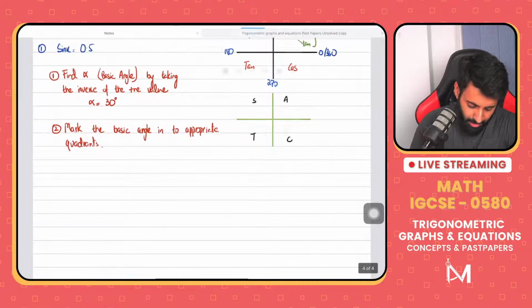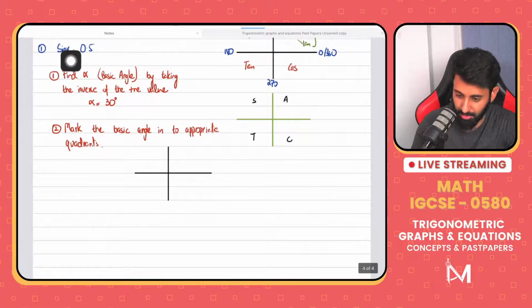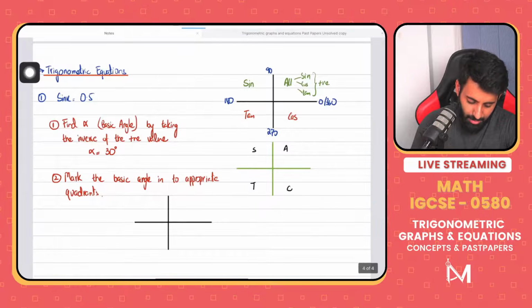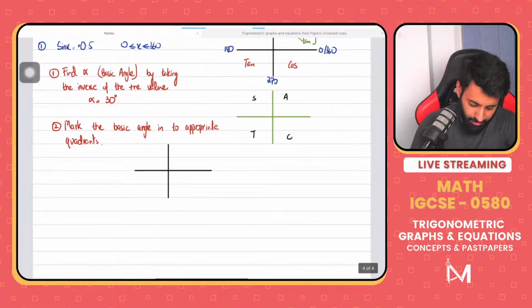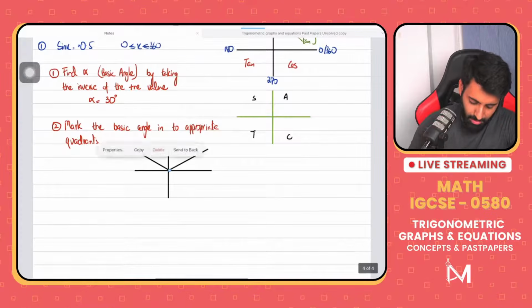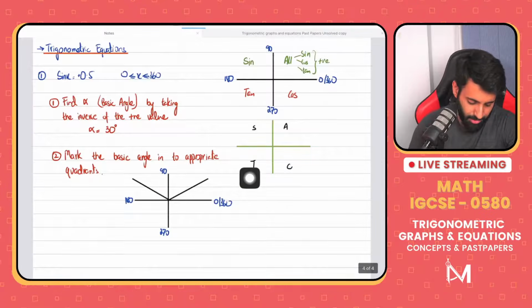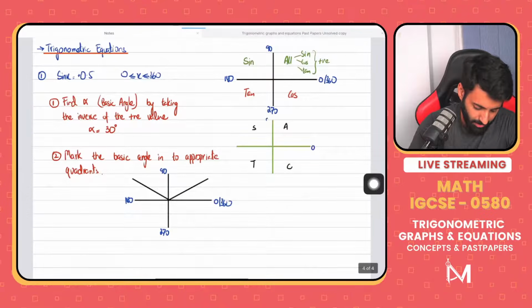If I mark alpha in the appropriate quadrants, notice that sine x is positive. So where is that likely to happen from 0 to 360? What are the two quadrants where sine x is positive? Sine x is positive in the first and the second quadrant. So when we're marking alpha, we will draw alpha in the first and the second quadrant only. Again, how do we remember that? We remember that through add sugar to coffee. Let me write down the values here.